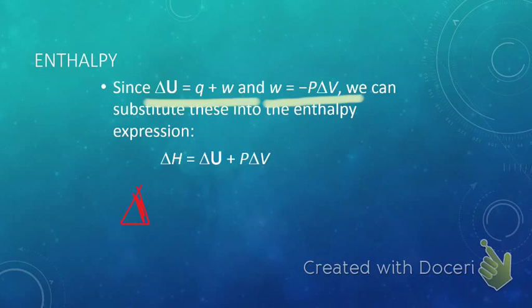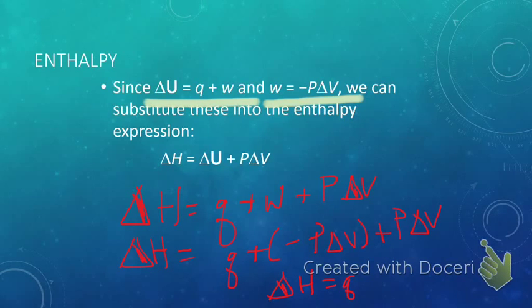Now we have delta H is equal to Q plus W plus P delta V. But since we said that W is equal to negative P delta V, we're going to have delta H is equal to Q plus a negative P delta V plus a P delta V. And so that means that delta H truly is equal to heat in this instance.